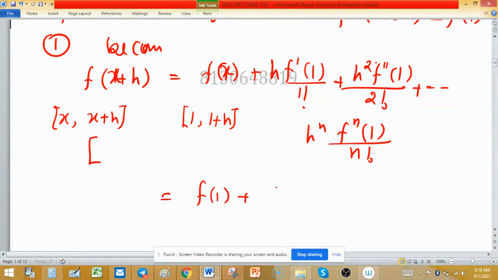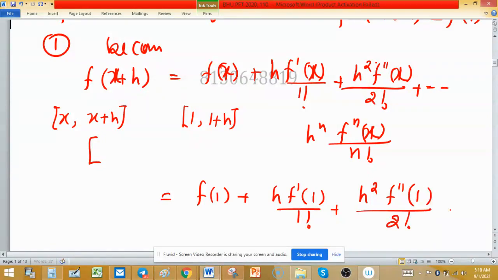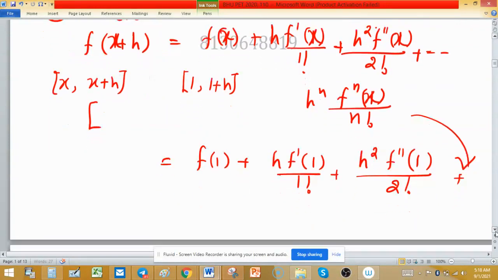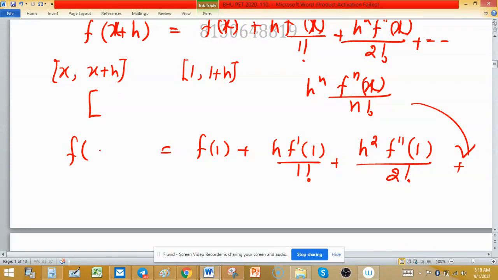So f(1) plus h f'(1) upon 1 factorial plus h square f''(1) upon 2 factorial and so on up to this term also, and this one value is f(1 plus h). Now put h equal to 1.